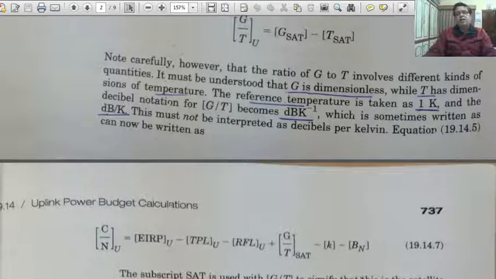The reference temperature is taken as 1 K, and the decibel notation for G by T becomes dB K inverse, that means dB per K, which is sometimes written as dB/K. This must not be interpreted as decibel per Kelvin. Okay?